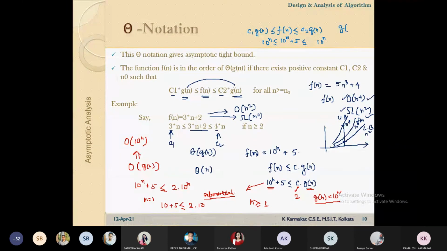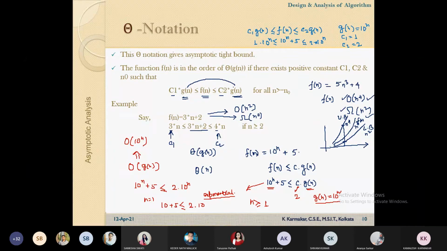On the left-hand side I am taking c1 equals 1, and on the right-hand side I will take c2 equals 2, so it will be 2 times 10 to the power n.